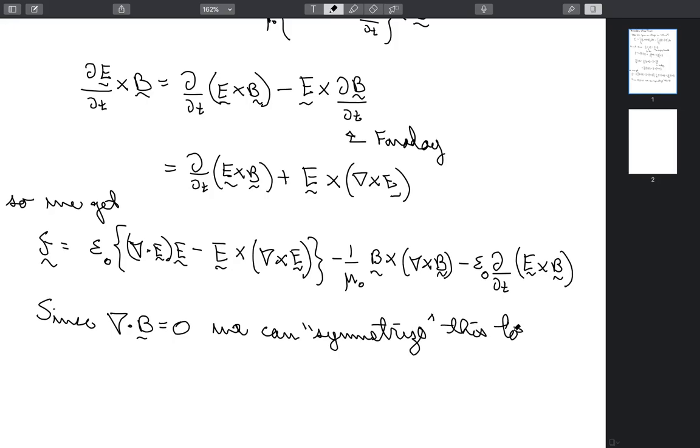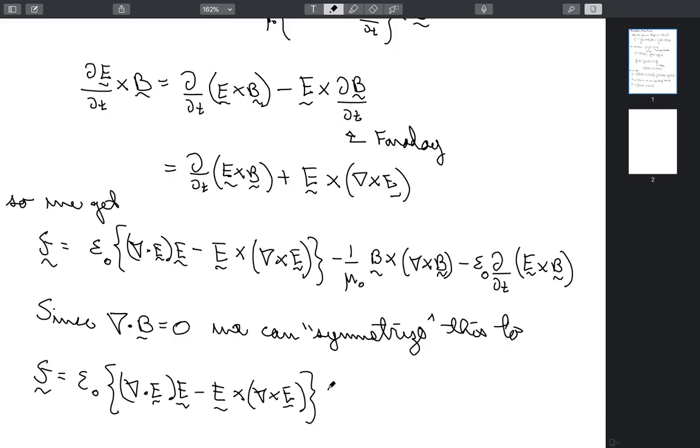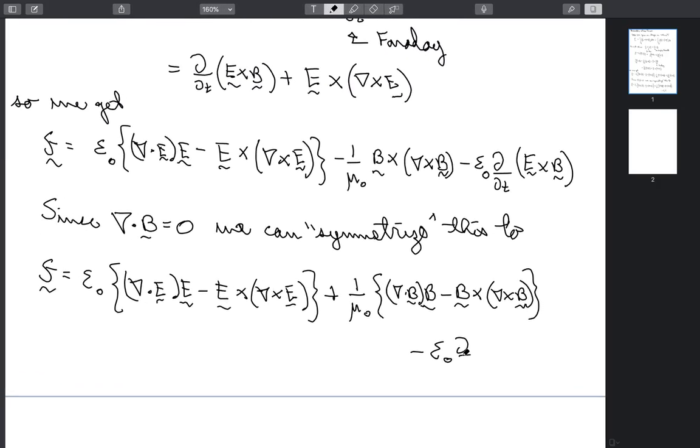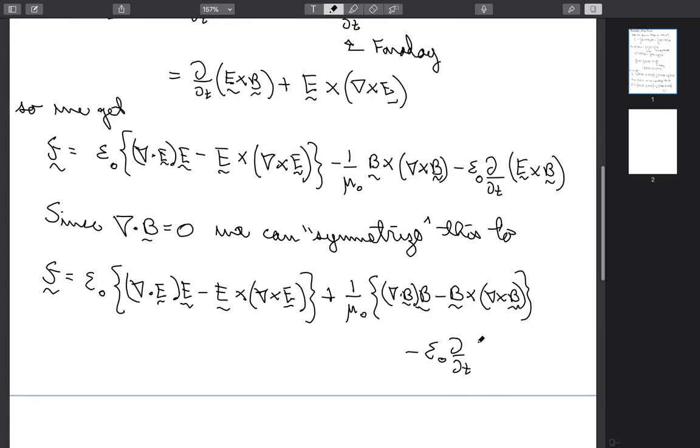I could have F equal to epsilon 0, and then the same thing that I have here, div E times E minus E cross curl of E. Okay, and then I would do plus 1 over mu 0 with div of B, which is 0, so I can add it, times B. I'm multiplying by 0, it's still 0, minus B cross curl of B. And of course again minus my other remaining term, epsilon 0 d/dt of E cross B.